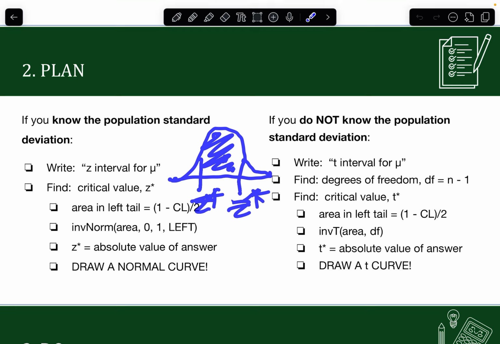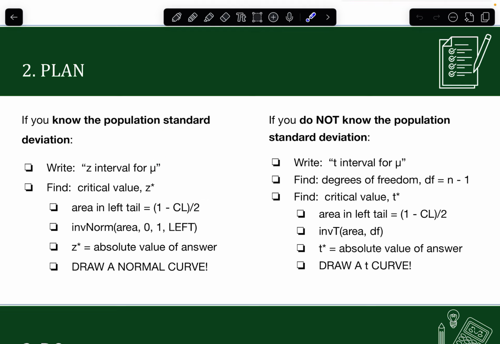To do that, I need to know how much area is in that tail. So we're going to take our confidence level, subtract it from 1, because that's the area under the whole curve, and divide it by 2, because it gets split between the left and right tail.